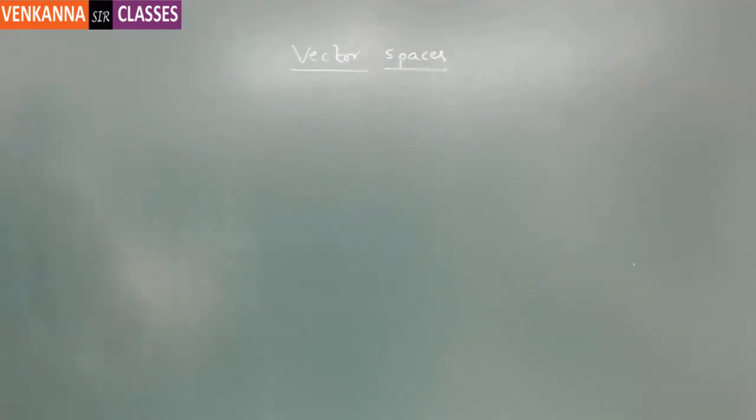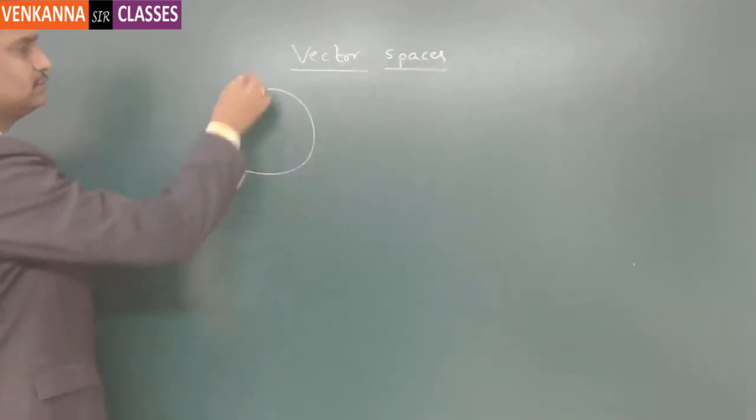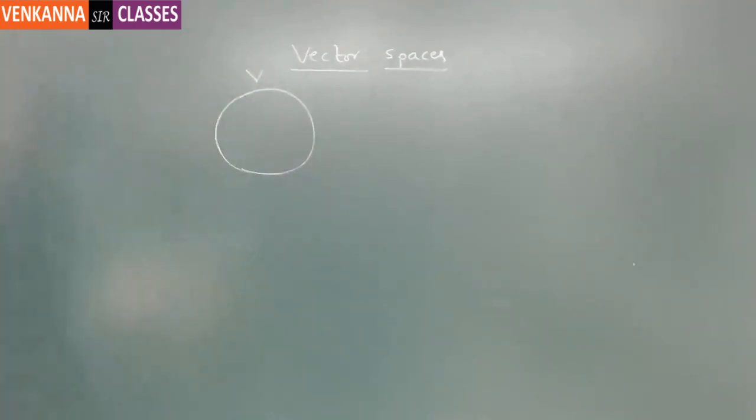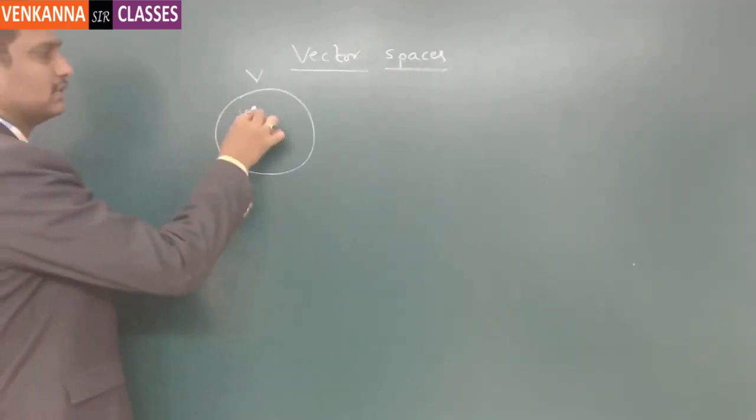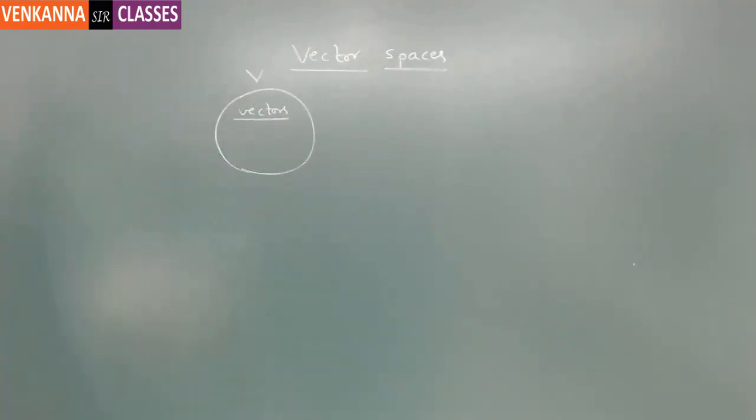Now, you take a set V. The elements in V are called vectors. In the set, you can take numbers, you can take matrices, you can take functions, you can take polynomials, whatever the case may be. You can take anything in this set.